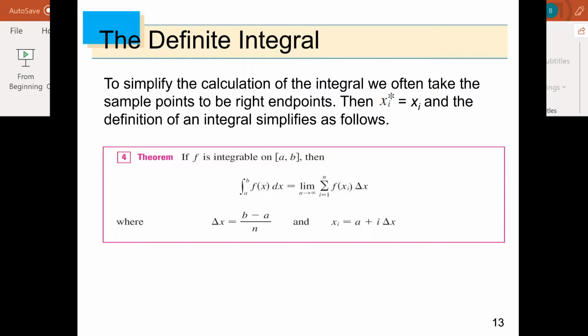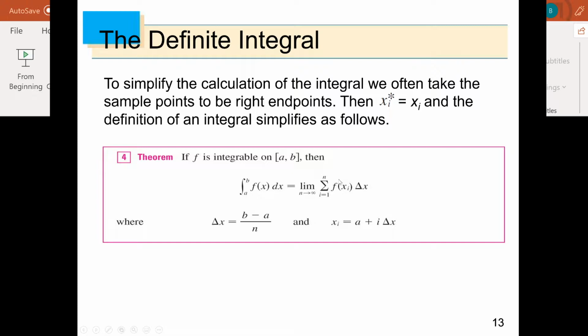If you approximate the areas of all the rectangles, you'll get a close approximation for the area under the curve. So to simplify the calculation of the integral, here's the theorem that we need to apply. If f is integrable on the interval from a to b, then the integral from a to b of f of x dx is the same as the Riemann sum, the summation of f of xi times delta x.